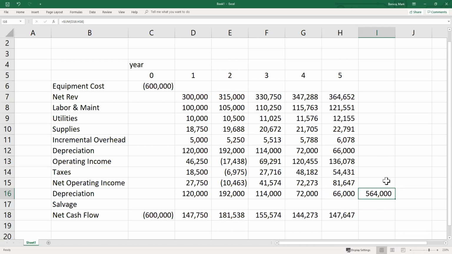So I'm going to do these little calculations out here on the side, right? Just to make this a little more obvious. So we have taken $564,000 in depreciation. So the book value of our equipment is now $600,000, right? Was our original purchase price, minus the 564. So 600 minus 564, we've got the book value of our equipment is $36,000.